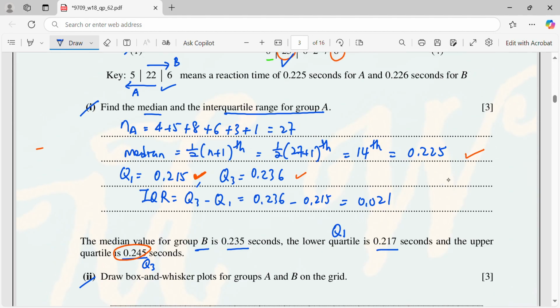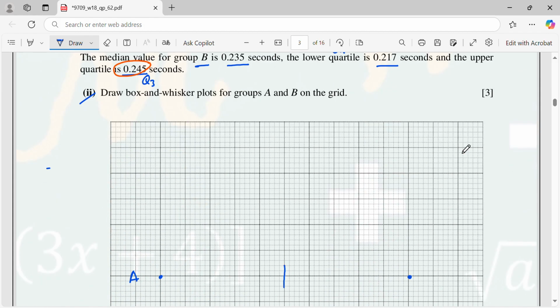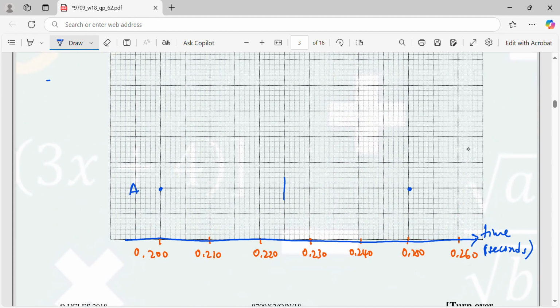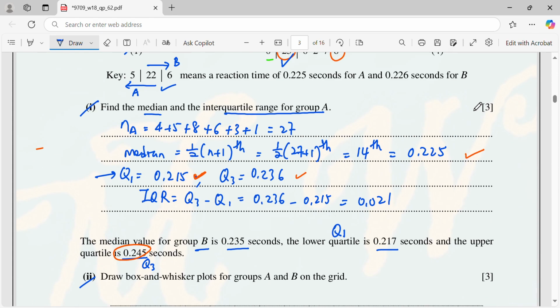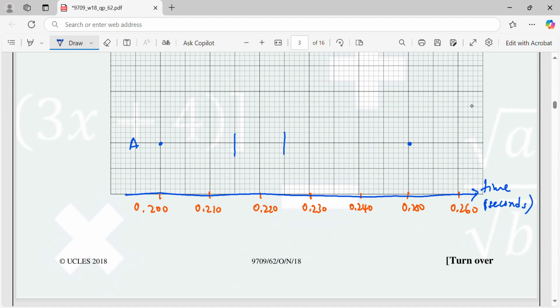And then the Q1 is 0.215 from the previous calculation, so 0.215 is over here. Then the Q3 is 0.236, so 0.236 is here. Okay, so just join.